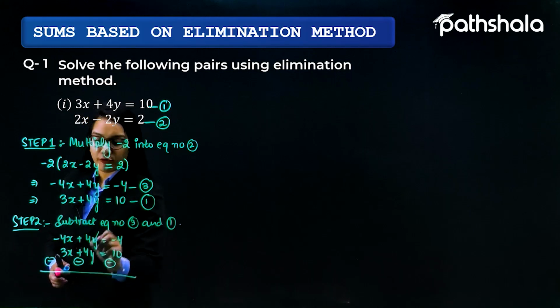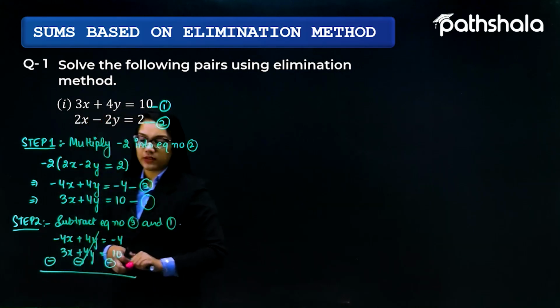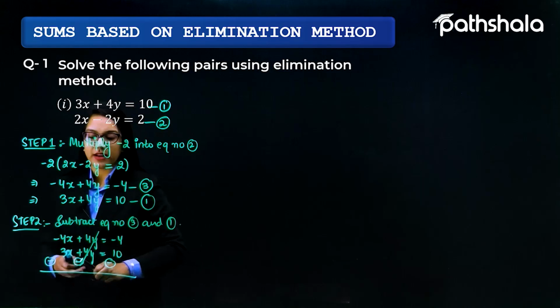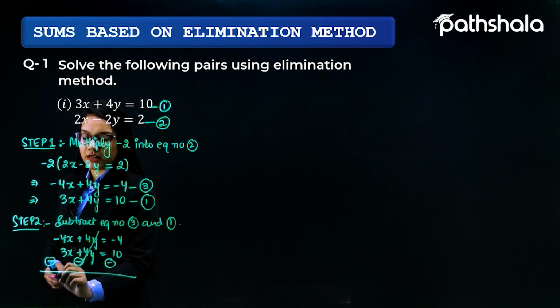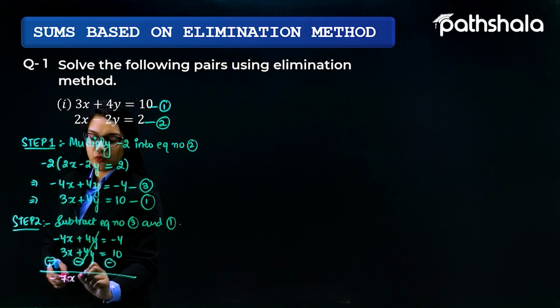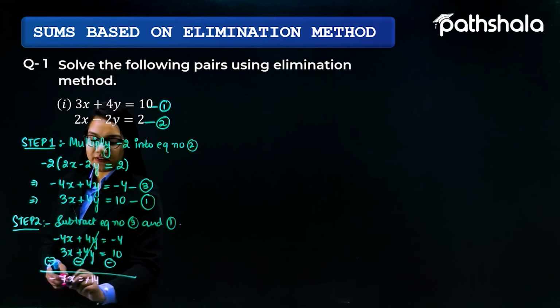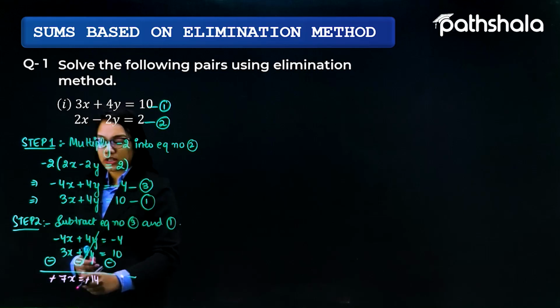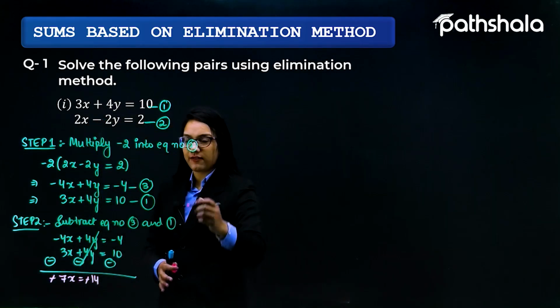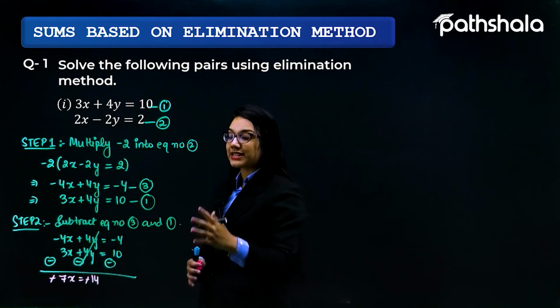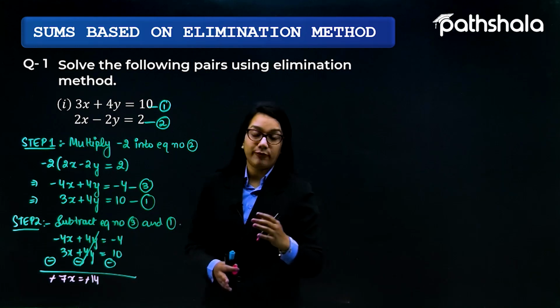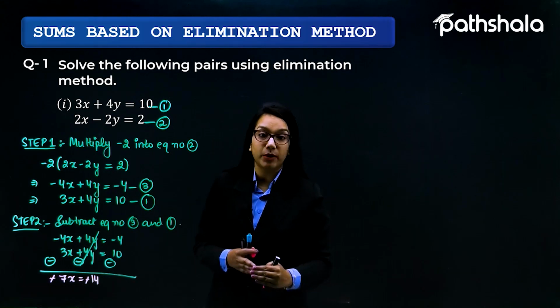So the 4y get cancelled with each other. We will get minus 4x minus 3x, which is minus 7x, equal to minus 14. Negative and negative get cancelled, and we are getting x as 14 by 7, which is 2.